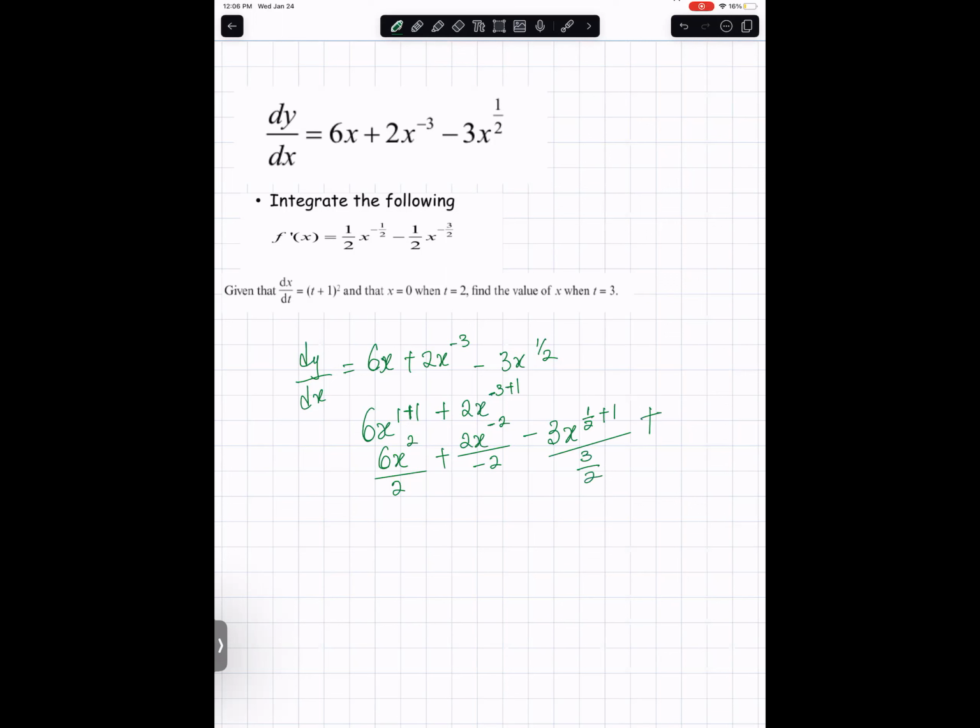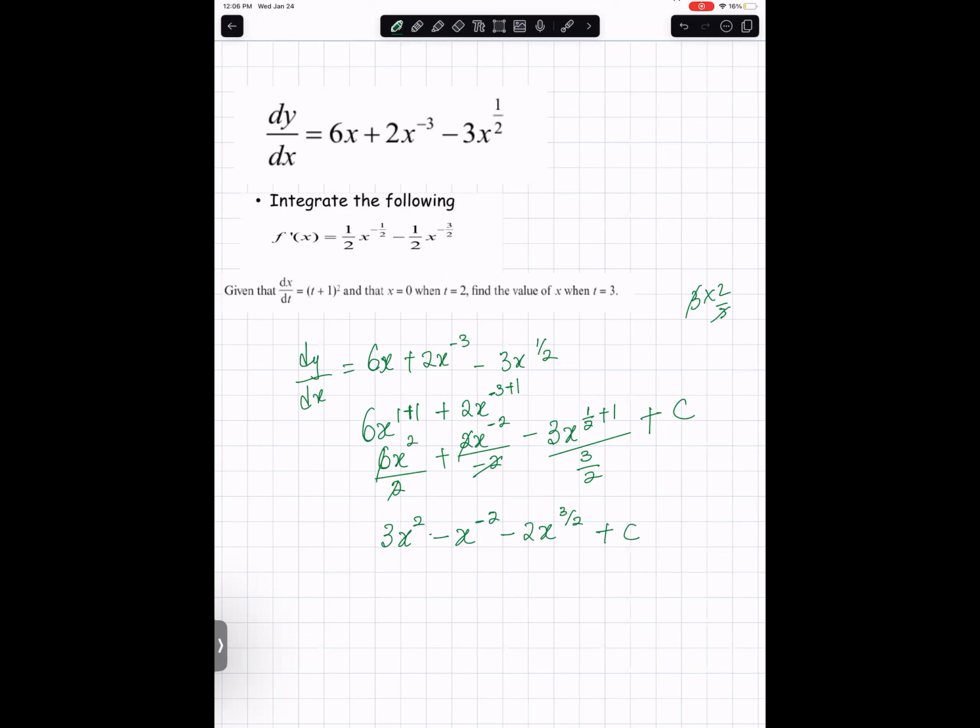And the last guy, add your c to it. So this is what we have here. I'll have to divide this to give me 3x squared. Then minus 2 here gives me what? Minus x raised to the power of minus 2. 3 over 2. 3 divided by 3 over 2 will give us 2. So I have minus 2x to the power of 3 over 2 plus c.